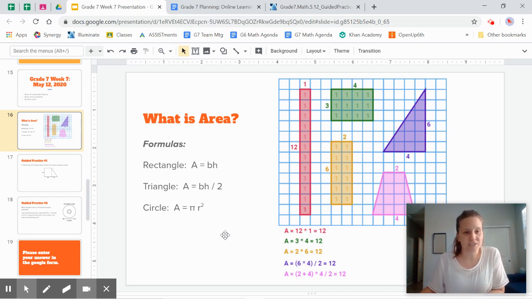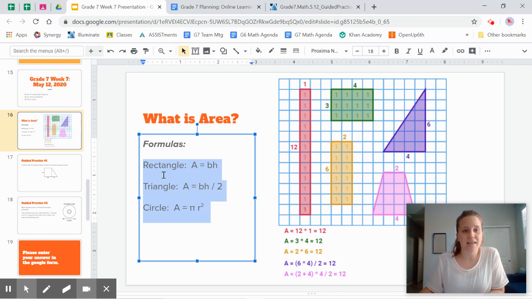Awesome. What I want you to do now is just take 30 seconds. Please write down these 3 formulas with their labels. So what are the formulas for area we're going to use today? Go ahead and write down what I've highlighted. Do that now.